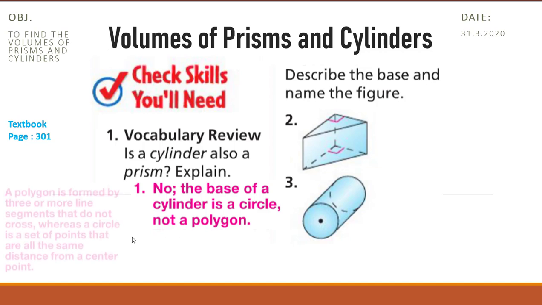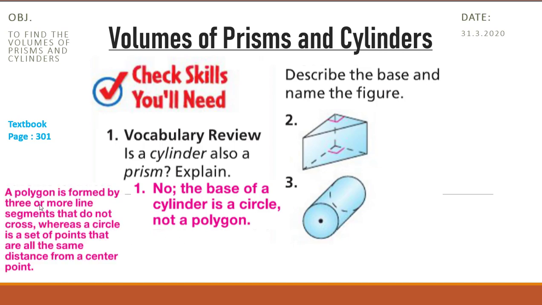The circle is not a polygon because a polygon is formed by 3 or more line segments that do not cross. So the polygon consists of line segments, whereas a circle is a set of points that are at the same distance from the center point. So the circle is not polygon, so the cylinder is not a prism.